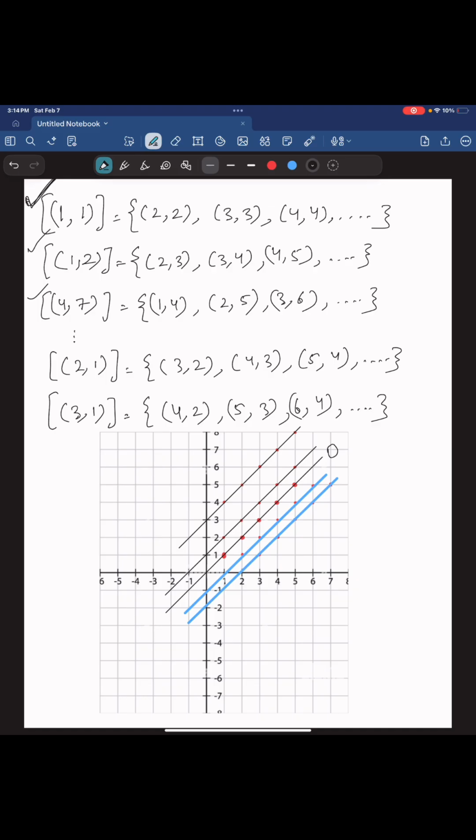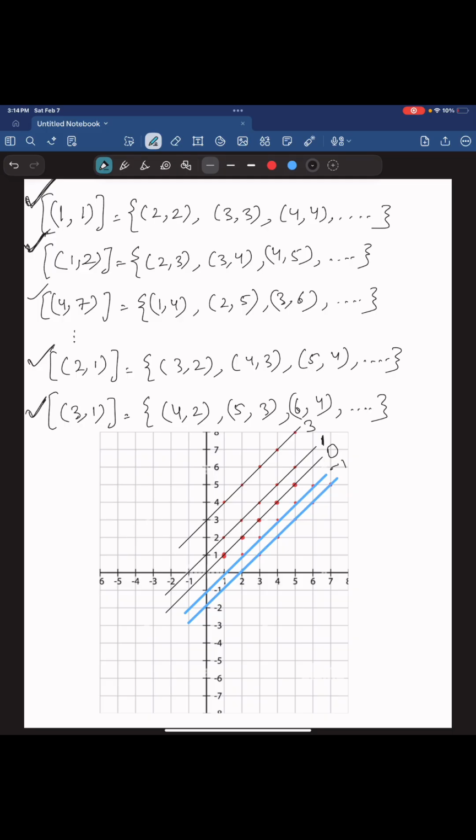Similarly, the second equivalence class, when I join all the points, passes through the y-axis at 1. The third equivalence class, 1 comma 4, passes through 3. Similarly, 2 comma 1, the fourth equivalence class, passes through -1.